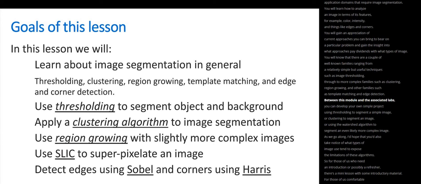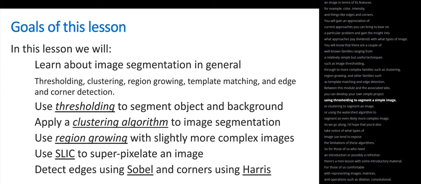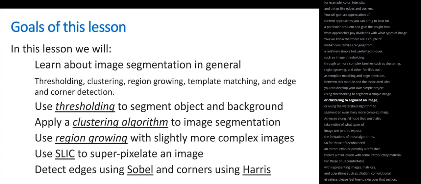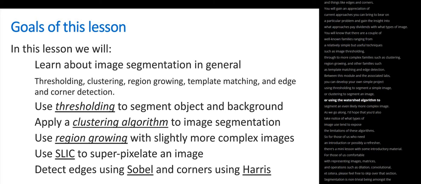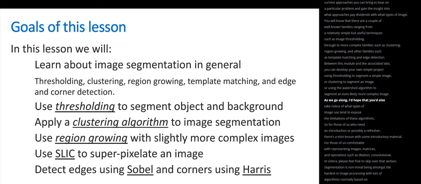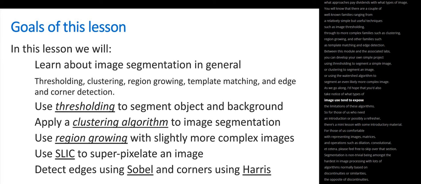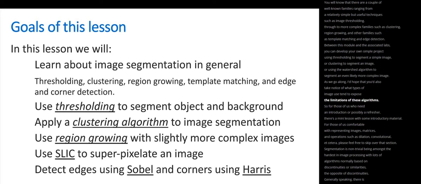Between this module and the associated labs, you can develop your own simple projects using thresholding to segment a simple image, or clustering to segment an image, or using the watershed algorithm to segment an even slightly more complex image. As we go along, I'd hope that you'd also take notice of what types of images tend to expose the limitations of these algorithms.